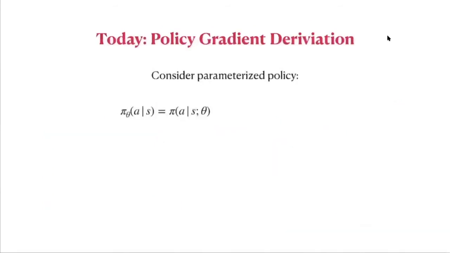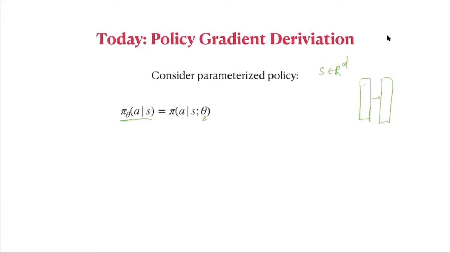In order to talk about gradients, let's introduce parameterizations. Let's consider a parameterized policy. Here I'm going to use the notation pi theta to represent that this policy is parameterized by parameters theta. These two are sort of equivalent. One example is that maybe your state is in R^d, and you can design a two-layer neural network.